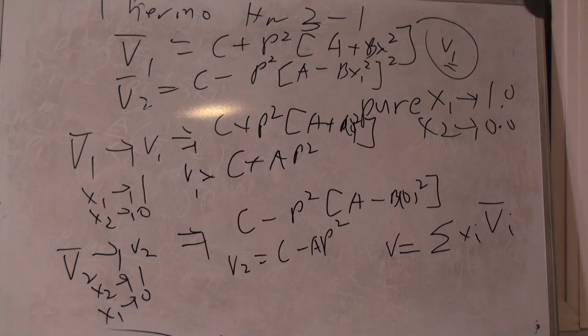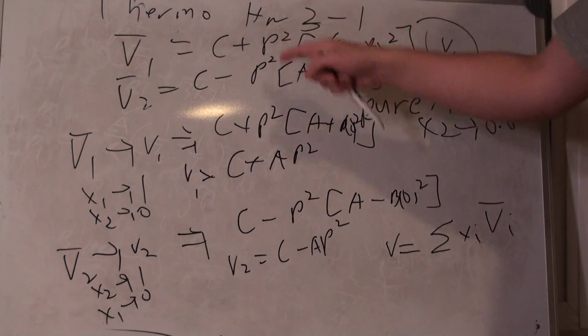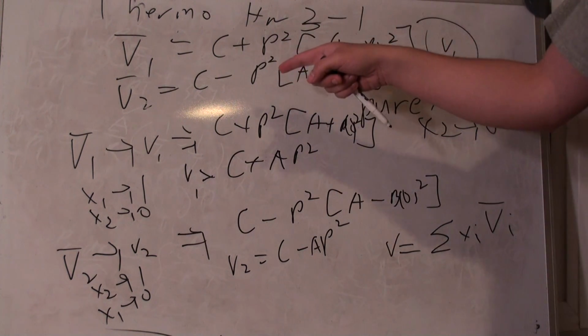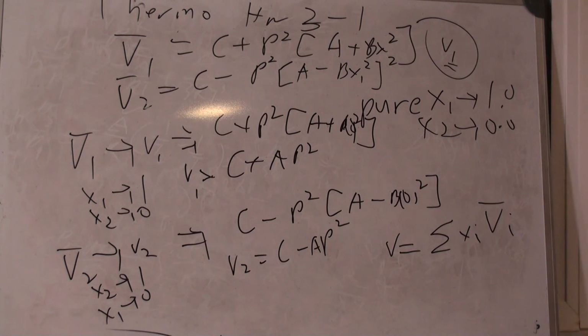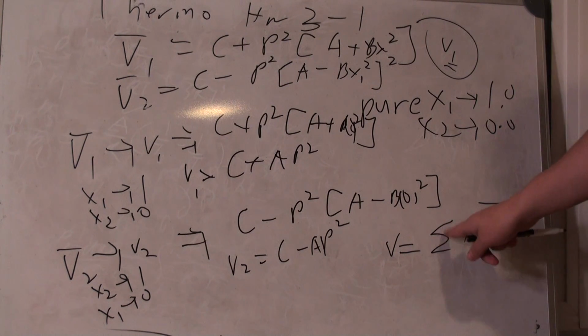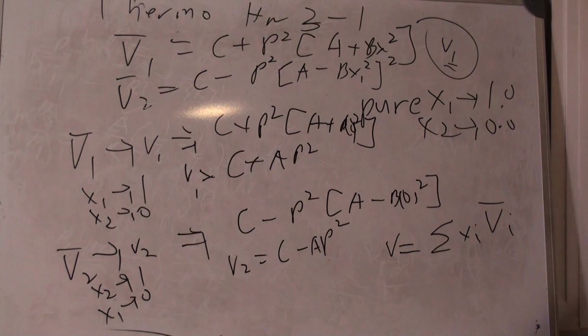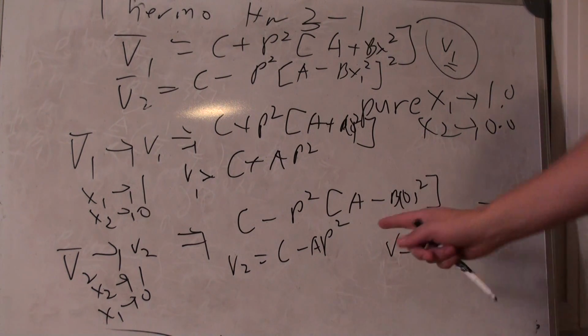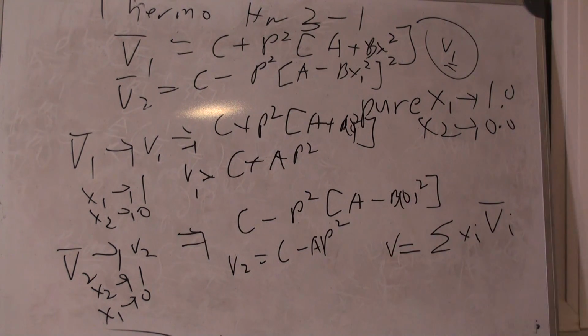Why do I expect you to memorize that one? Because you should be able to read the words and translate that back to math. If this is contributing this much and this is contributing this much, well, I add those together, essentially, and I should get how much they're contributing to the mixture as a whole. V. Okay, because that's what V is. The volume of the mixture as a whole.